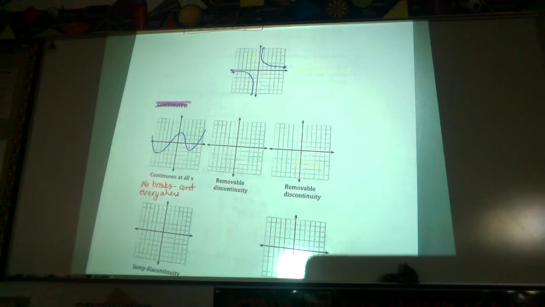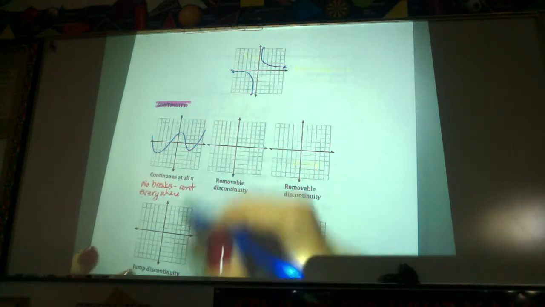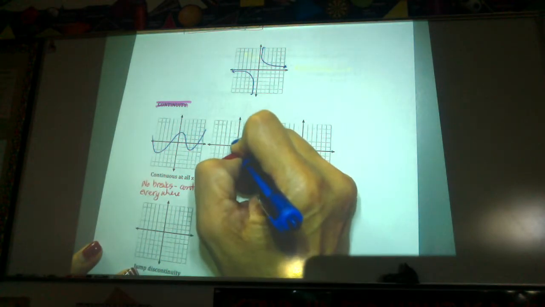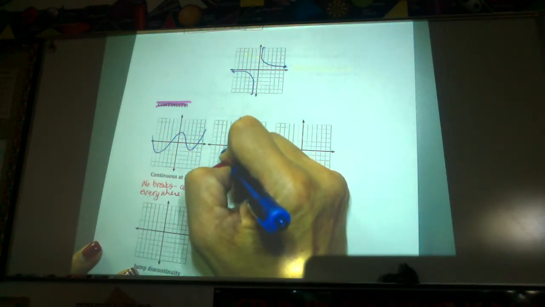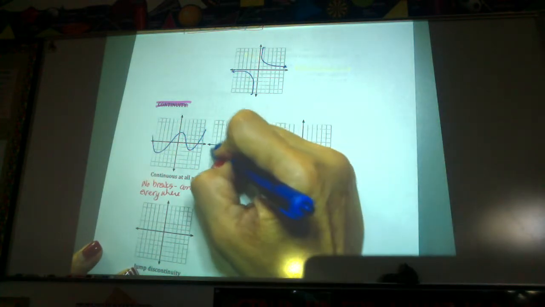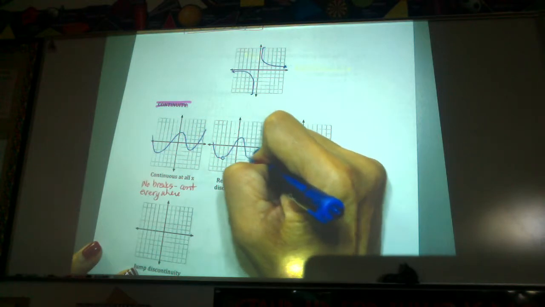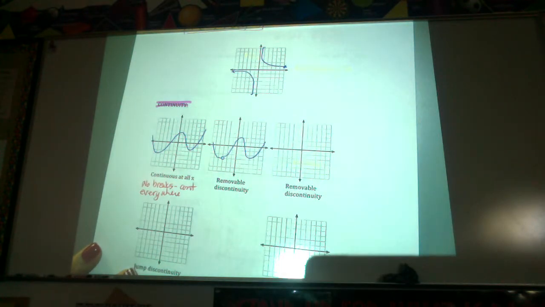Now we have two of them that are called removable discontinuity. They look similar but have one slight difference to them. So put a hole at -3, -3. Put a hole there. And create a similar looking graph as the one that we just did.